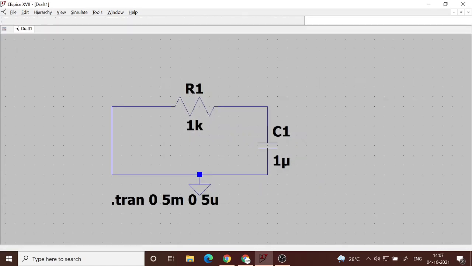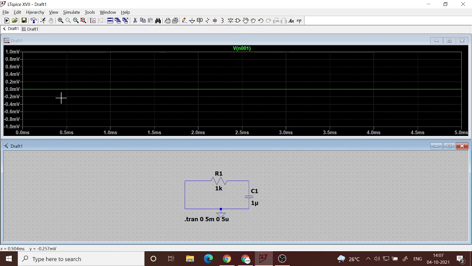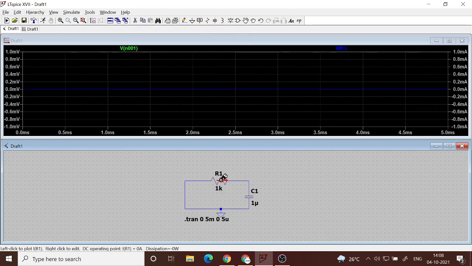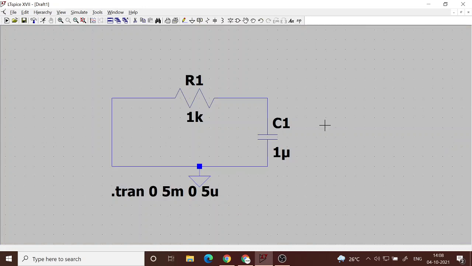So if you give this, then if you evaluate the current, you see that the voltage is exactly 0 and the current is also 0. So there is nothing interesting here. This is a case where we don't have any input, we don't have any initial conditions either. So with zero initial conditions and zero input, the circuit will not respond.